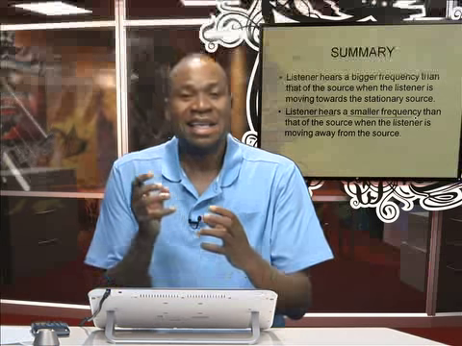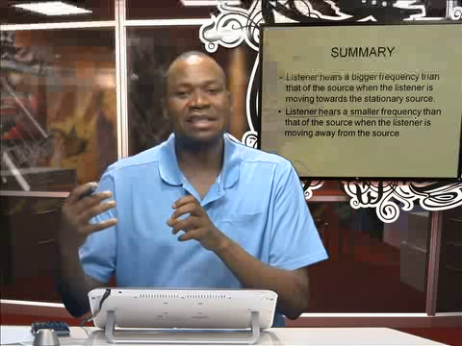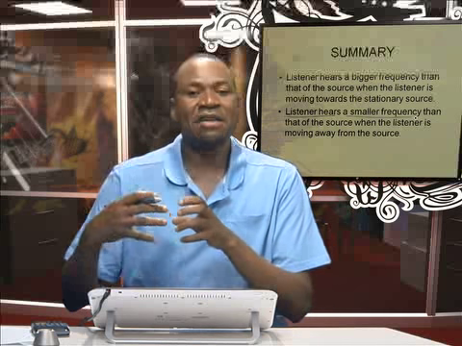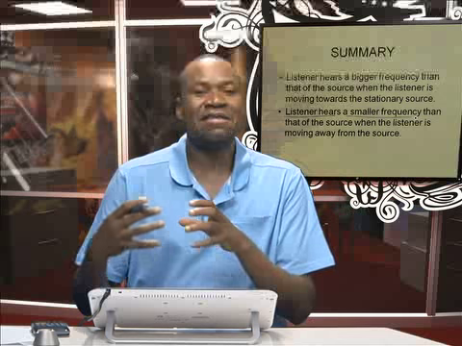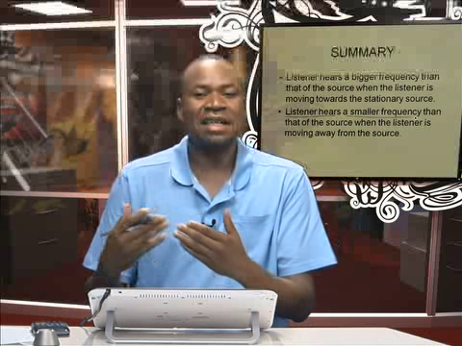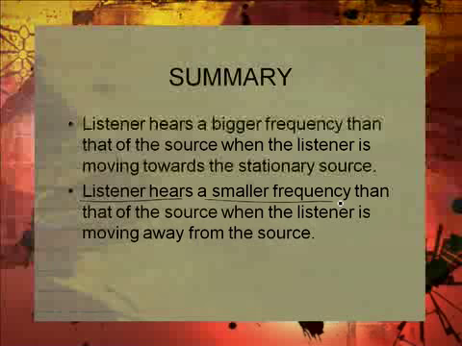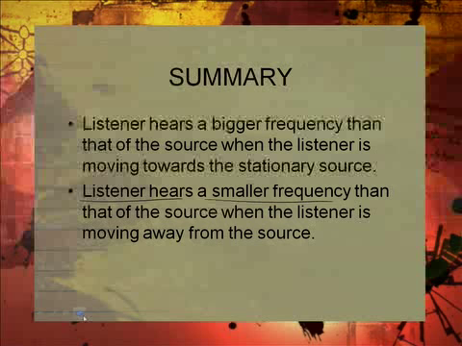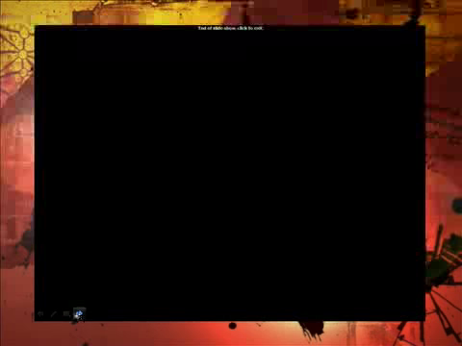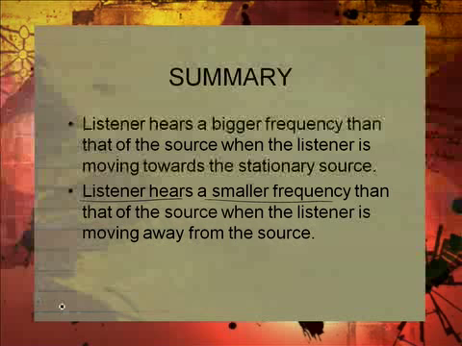They will begin to hear the siren fading away. That fading away means they are hearing a frequency lesser than the frequency of the source. So when the listener is moving away from the source, you hear a frequency lesser than that of the source. That is how the Doppler effect works.